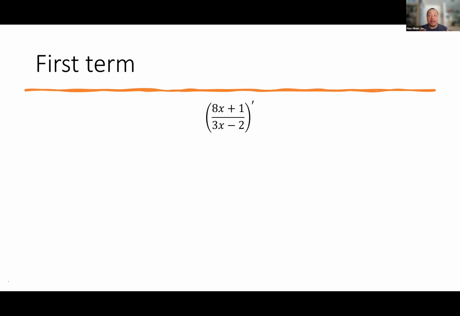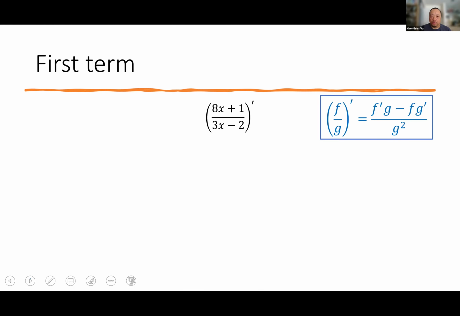What is the main calculation here? Is it a product, a quotient, or just a single function? It's a quotient. There's a division right here. So if it's a quotient, I have to apply the quotient rule. Here's the quotient rule. f is this numerator, and g is this denominator.